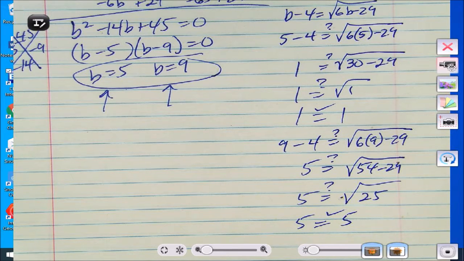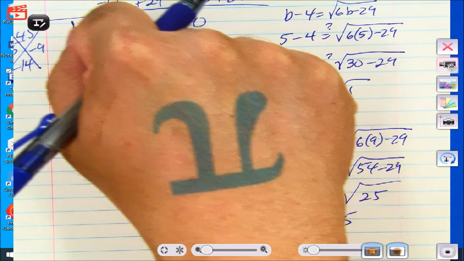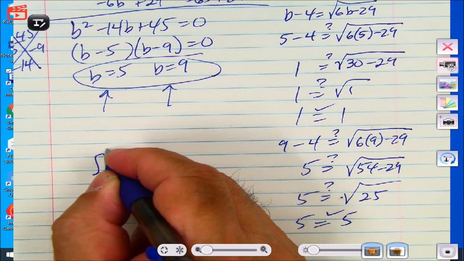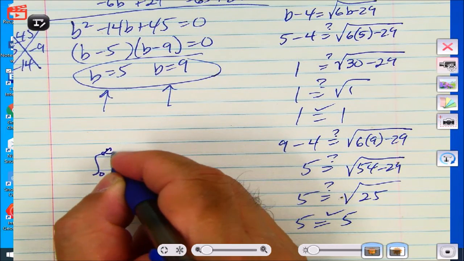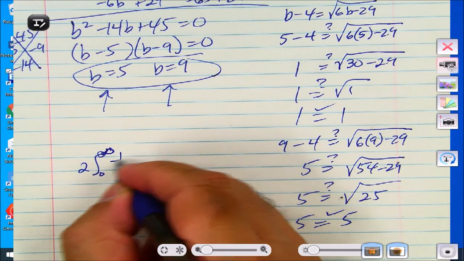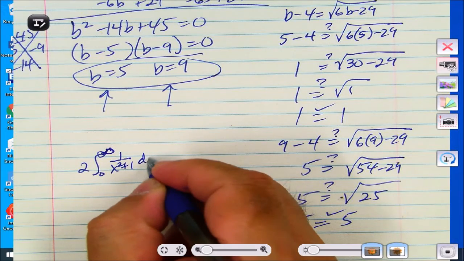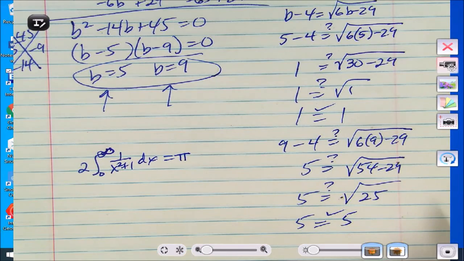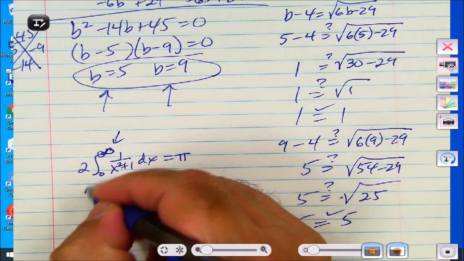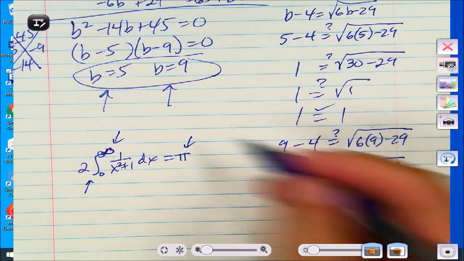Ready for L? So you were commenting on my pie tattoo. I want to get this tattoo. Sarah tweeted, that's an infinity symbol, 2, 1 over x squared plus 1. Oh yeah, same. There's the infinity symbol, there's a math integration symbol, and there's pi.